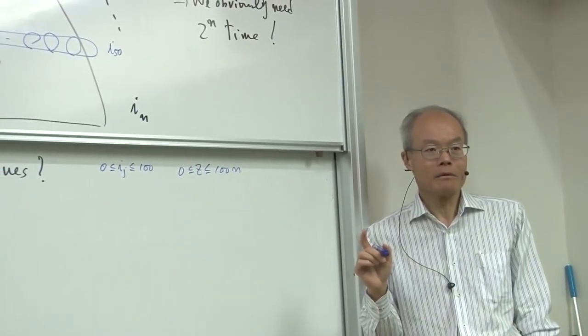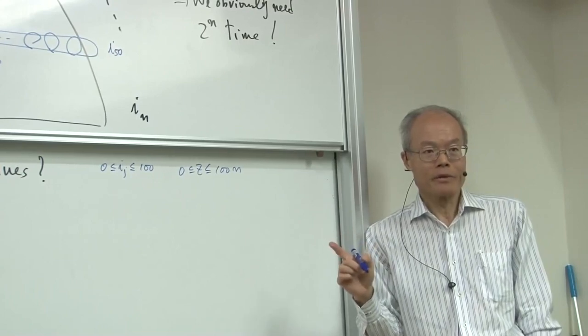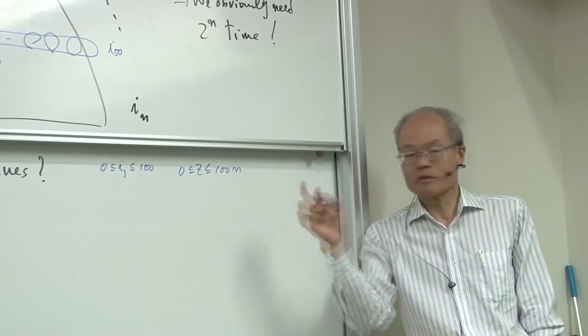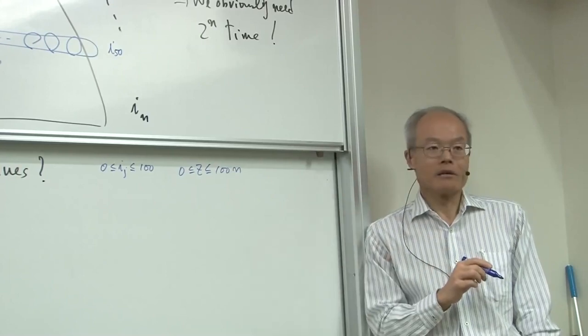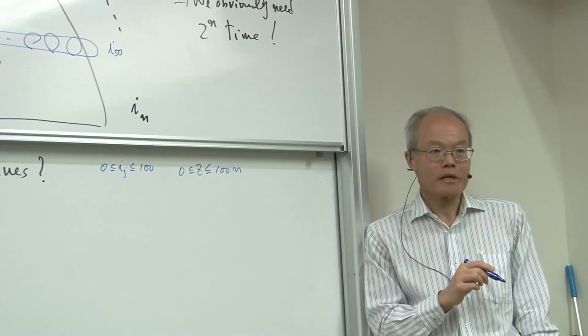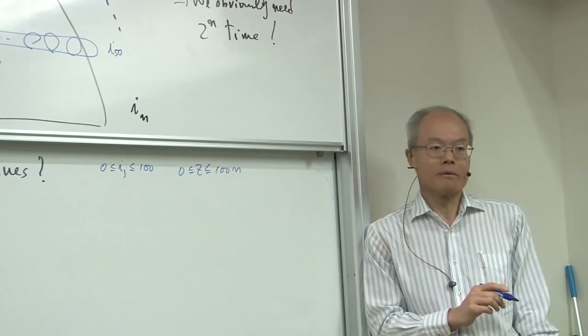Right? We have n numbers. Each number is at most 100. Then the z value is at most 100 times n, and that is an integer. That means the number of different values for z is at most 100n. Right?